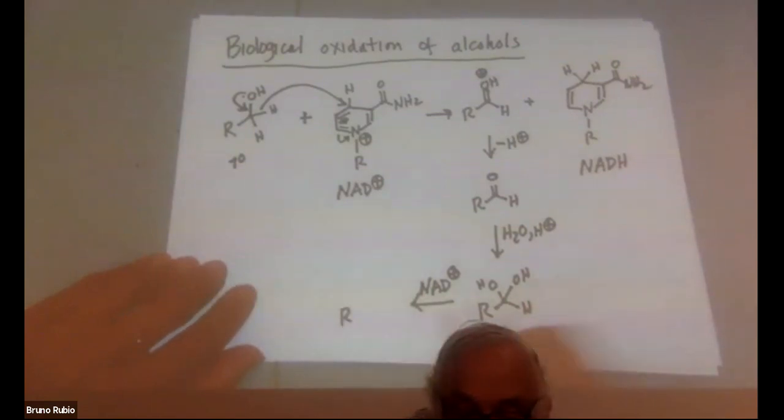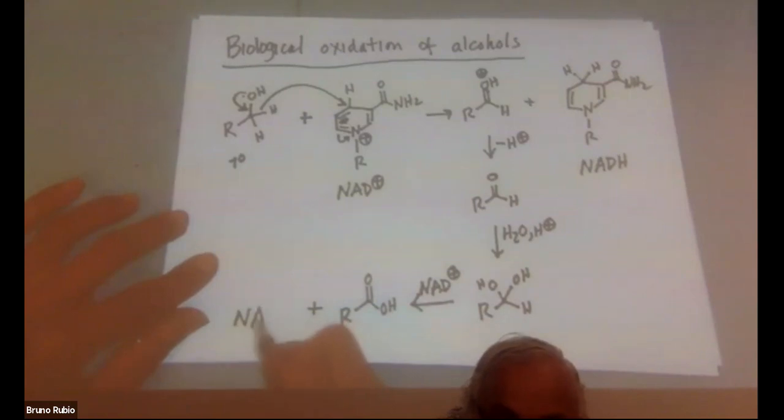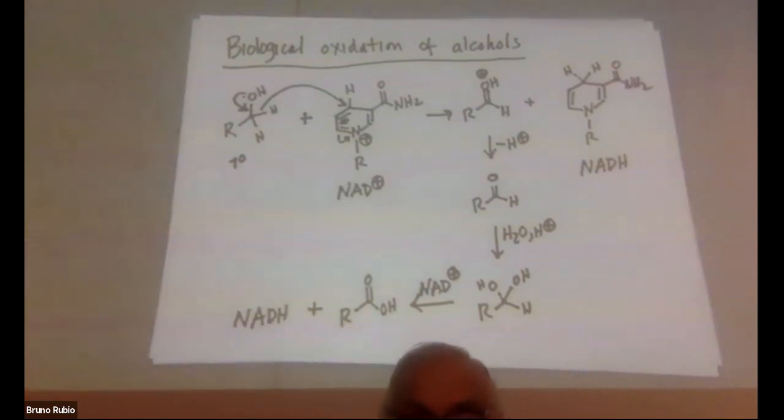And so that alcohol is now converted to a carboxylic acid. And the other product of this reaction would be more NADH. Okay, so this is how Mother Nature oxidizes an alcohol.